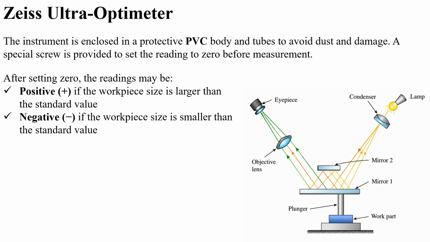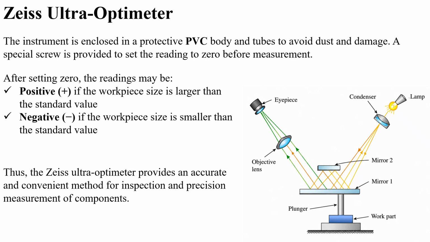Positive indicates the workpiece size is larger than the standard value, and negative if the workpiece size is smaller than the standard value. So the Zeiss Ultra Optimeter provides an accurate and convenient method for inspection and precision measurement of components.